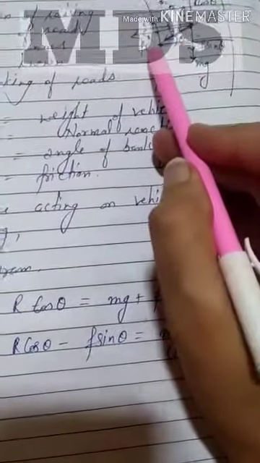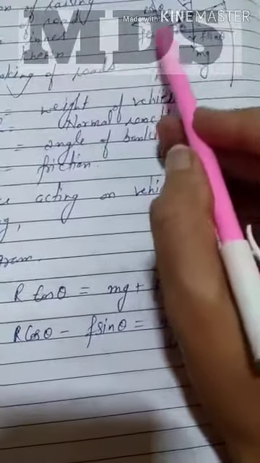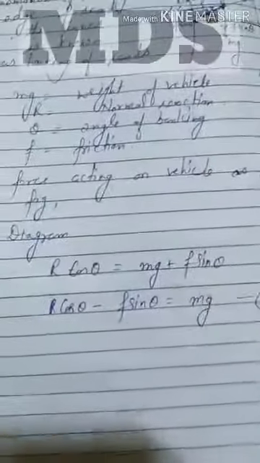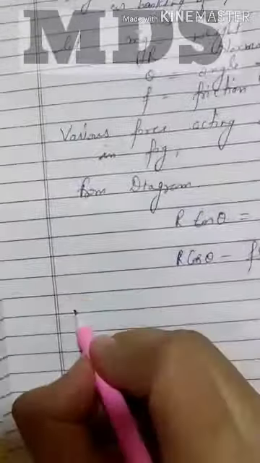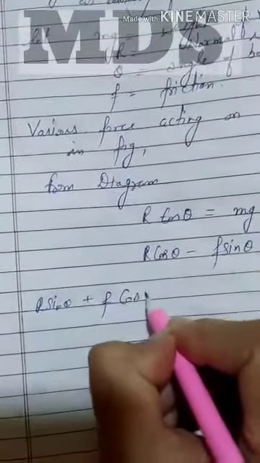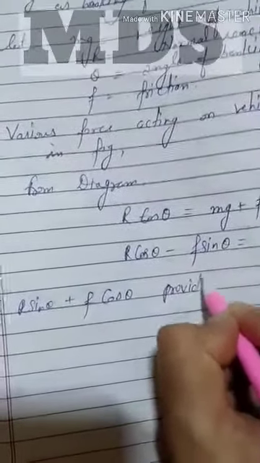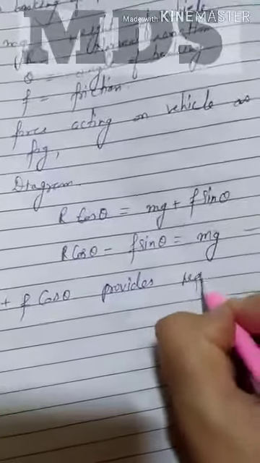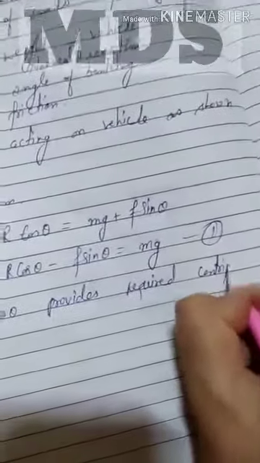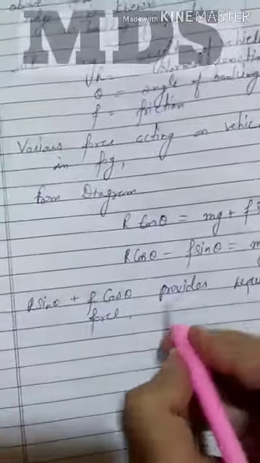The second equation we will write using the horizontal components. There is one component R sin theta and a second component f cos theta acting in one direction. The opposite component will be the centripetal force.